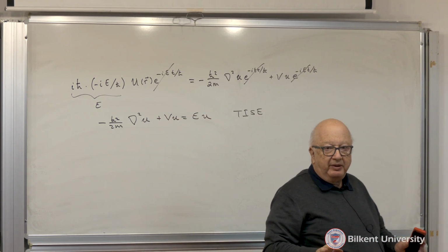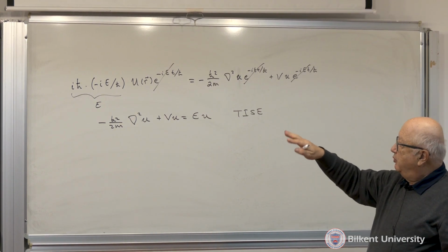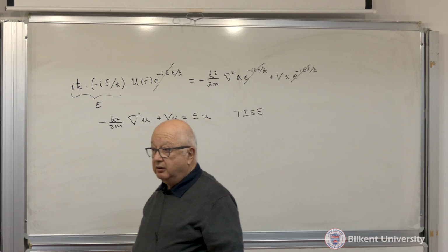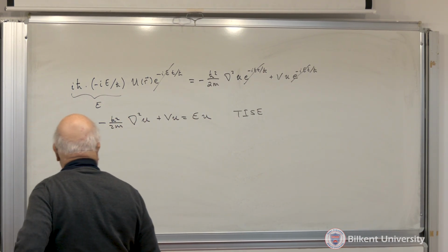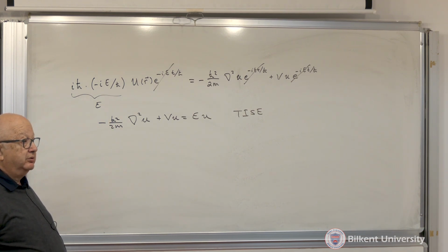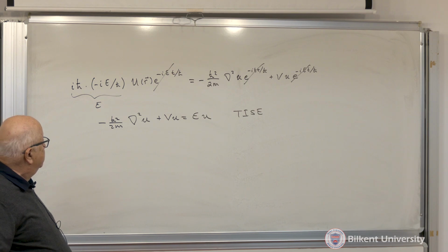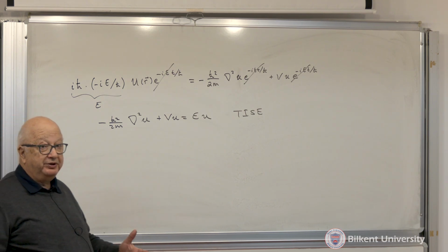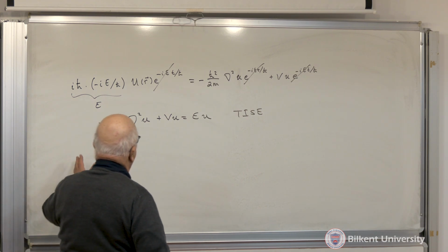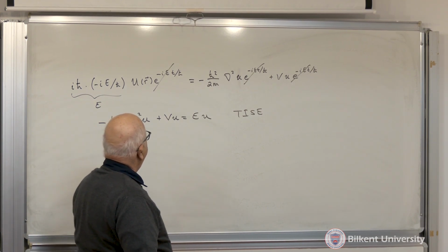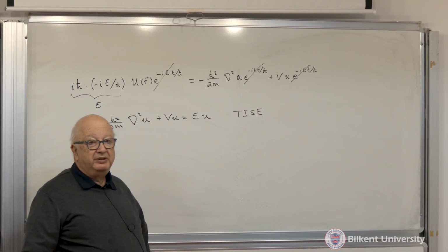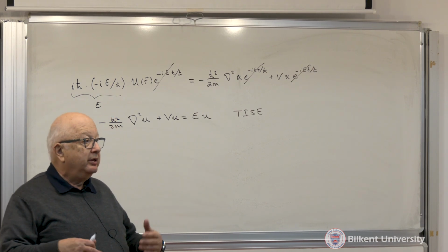So it's exactly the same thing as we did in one dimension, except that now we have this del squared to worry about because it's now a three-dimensional differential equation with three variables. So we now want to solve this equation, and we'll start with the simplest cases and then build up.